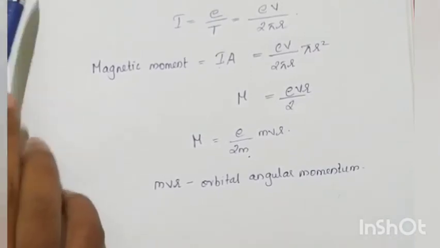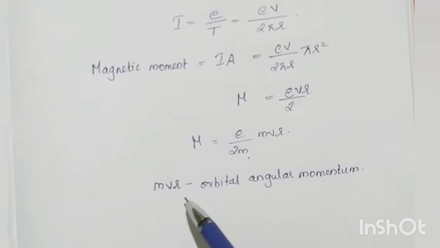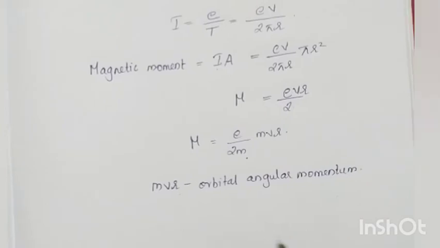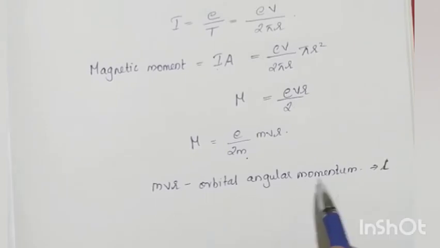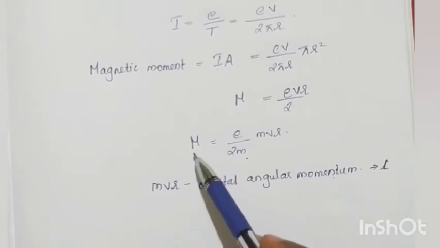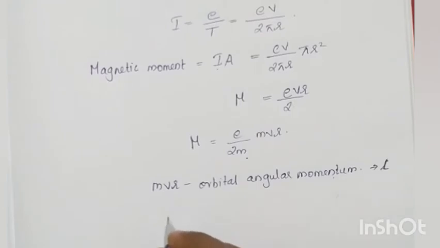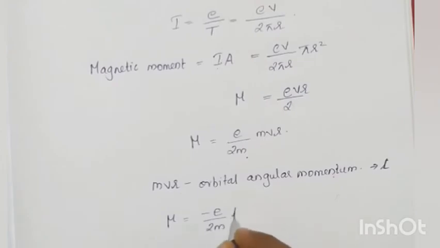Since it is an orbital motion, the quantity here is taken as orbital angular momentum, which is m v r. And the orbital angular momentum is represented by L. And the direction of orbital angular momentum is opposite to the direction of magnetic moment, which makes the expression mu is equal to minus e by 2m into L.